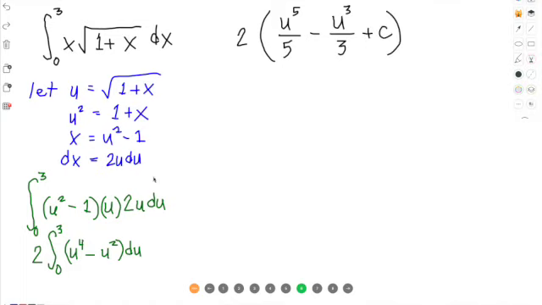Look here, we're still looking for the indefinite integral. The c will disappear when we apply the lower limit and the upper limit.